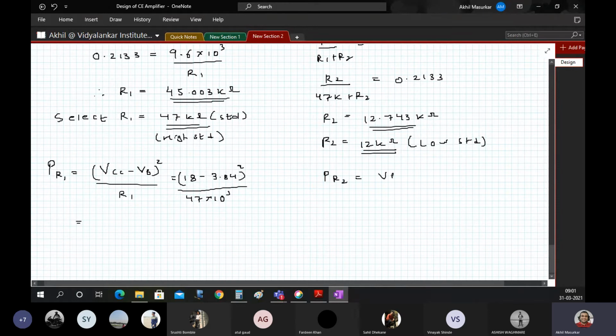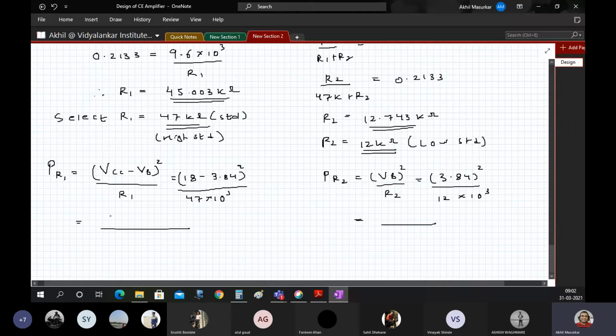and PR2 is going to be simply VB square by R2, because R2 is connected between VB and ground, so it is actually VB minus 0 the whole square upon R2, but fine. So this is going to be 3.84 the whole square upon R2. So R2 is 12 into 10 raised to 3, so whatever this value is.